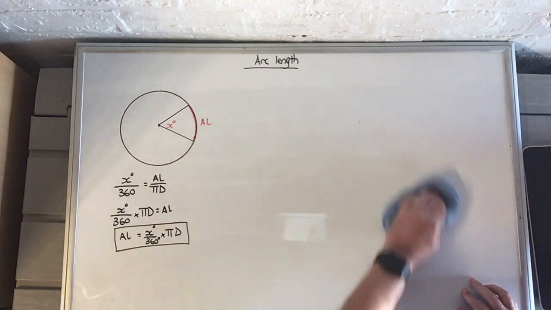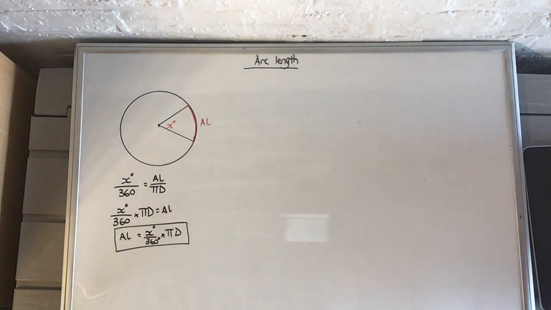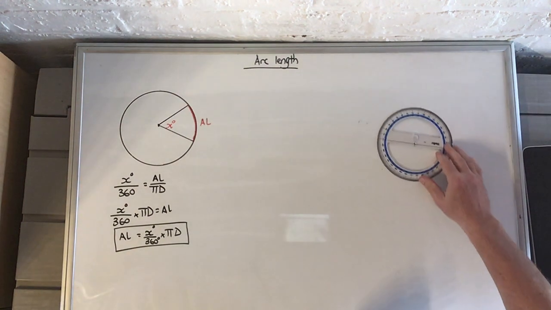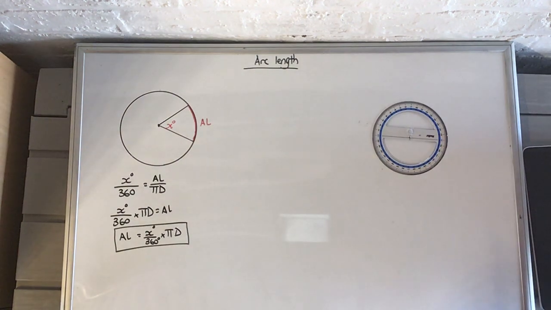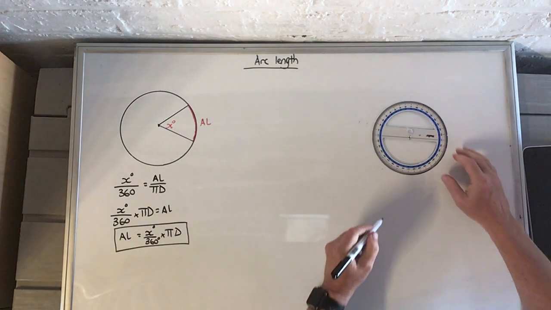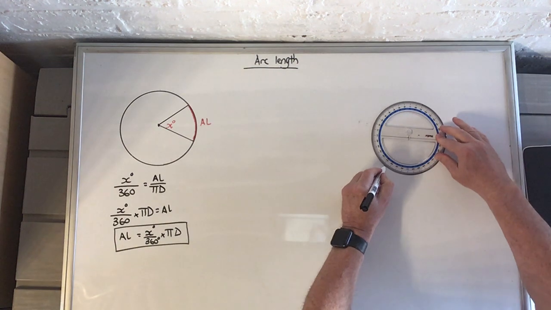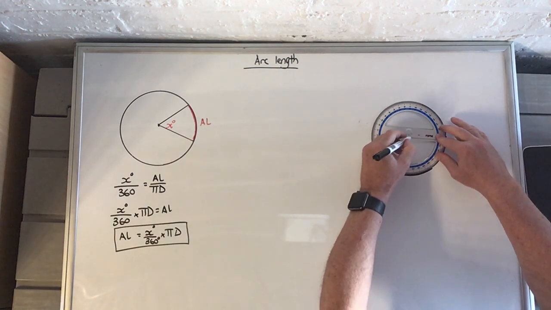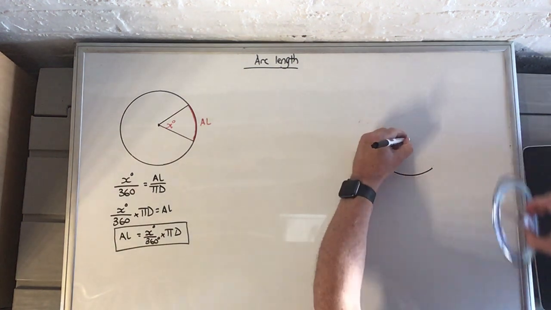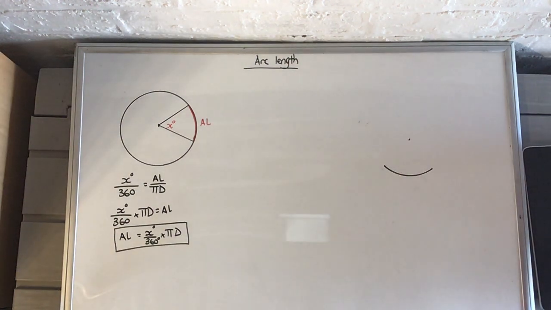So I'll just draw out an arc and we'll look at something that's slightly more complicated. So again, your arc can be any length, so let's make it not as wide. And just get my ruler.